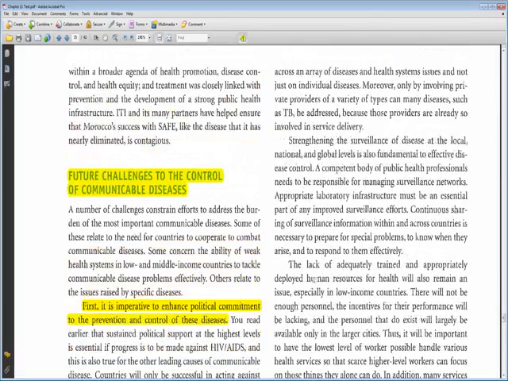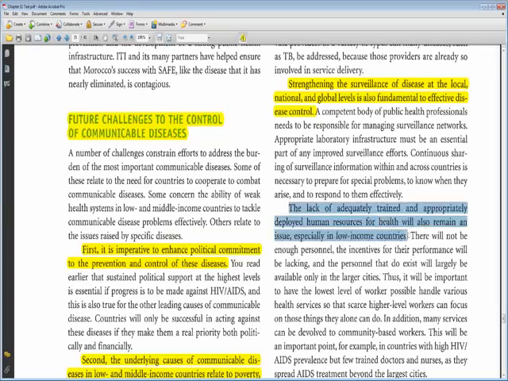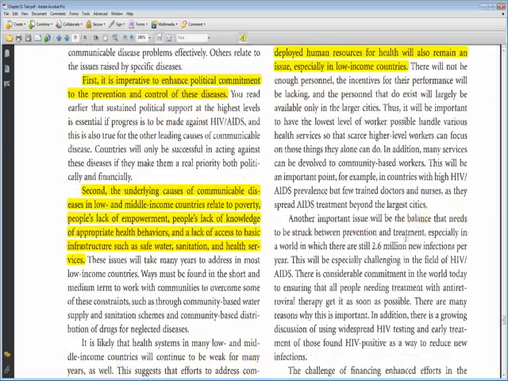Something else we need in the future is surveillance. And this is, again, the overall system. How strong is the system? Lack of trained personnel to deal with these issues, down to somehow coming up with a good balance between prevention and treatment.